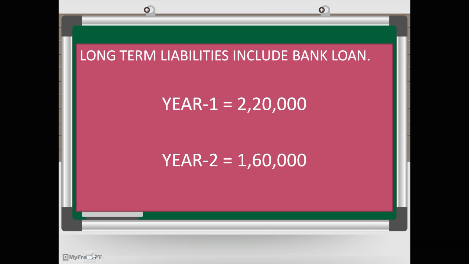So long term liabilities for year 1, 2,20,000, and for year 2, 1,60,000. This way we got long term liabilities. Shareholders funds or owner's funds we already have.